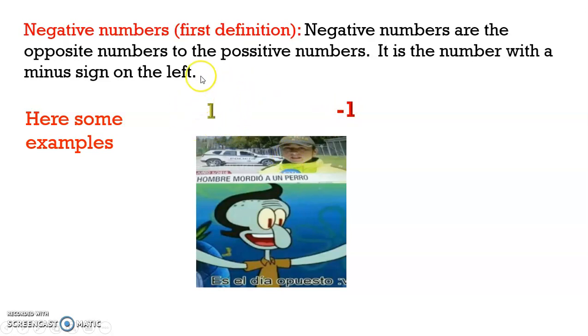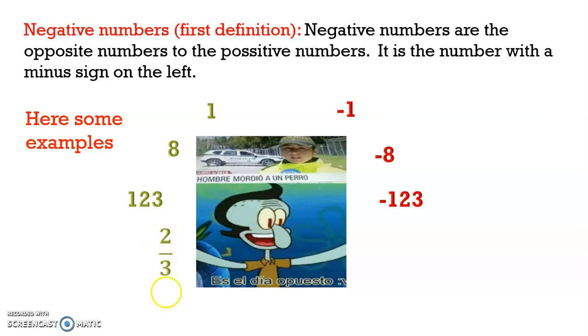It could be whole numbers, like 8, for instance. The opposite is going to be -8. Or it could be a number of 3 digits that is also a whole number. So 123, its opposite is going to be -123. But we can work with fractions as well.